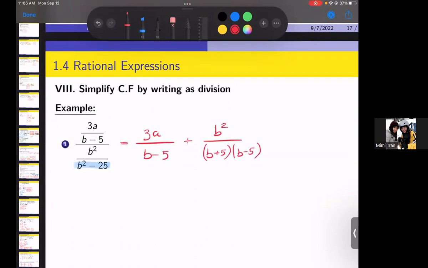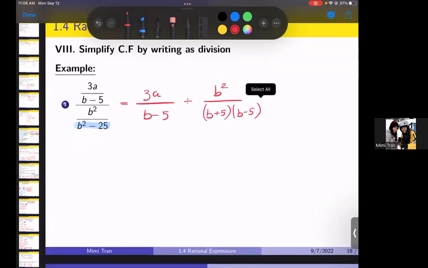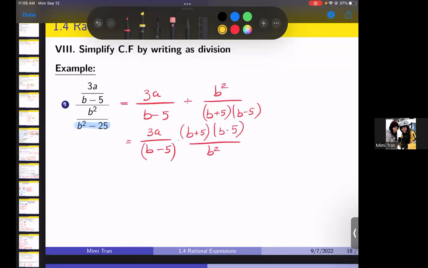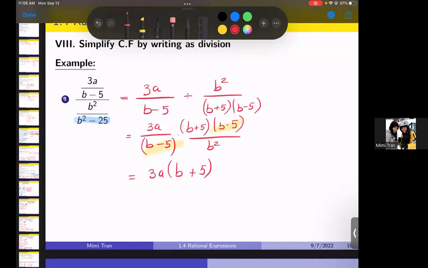Then you flip and multiply, with parentheses here as well. And now you can simplify. What's left is 3a times the quantity b plus 5 over b squared.